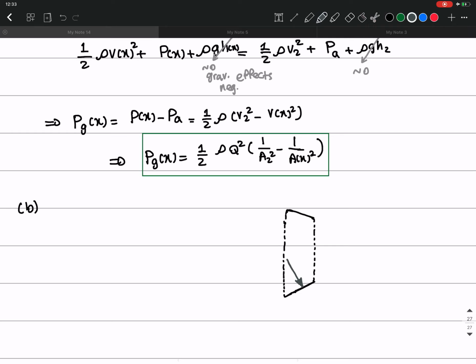So this is dFp, and the area of this I'm just going to call ds. Okay.